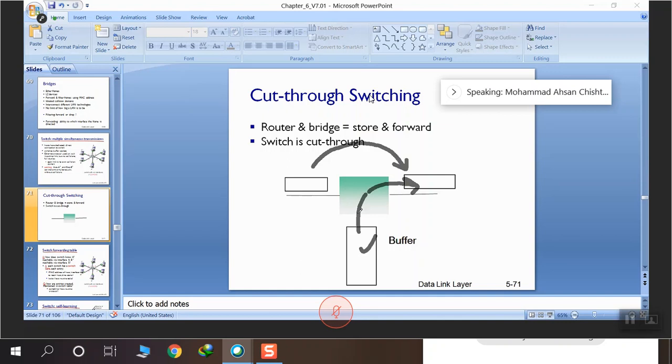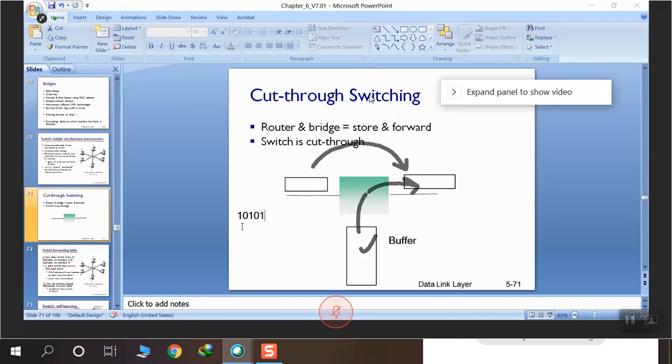So if you had a stream of ones and zeros, you would expect that the destination address is at the start itself. Why? Because the switch has a number of interfaces. Since it has a number of interfaces, in order to decide where this packet has to go, it should have its destination address.